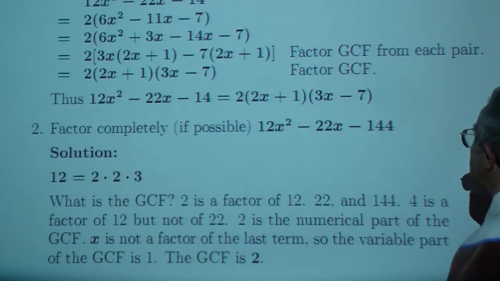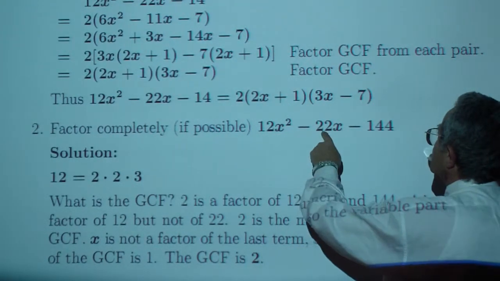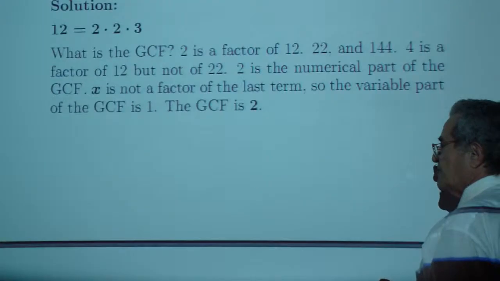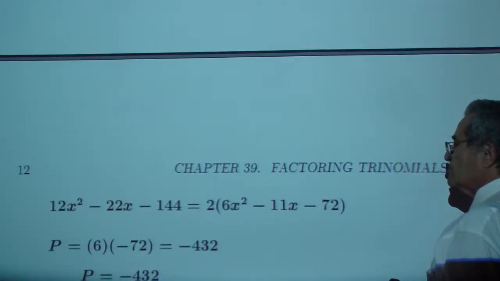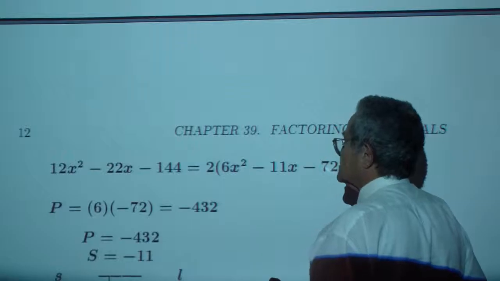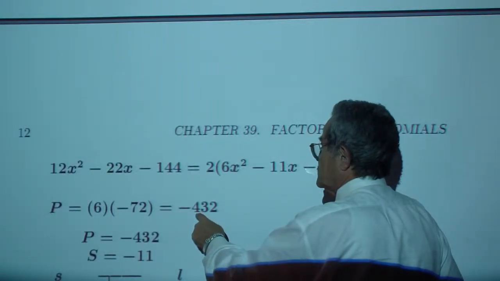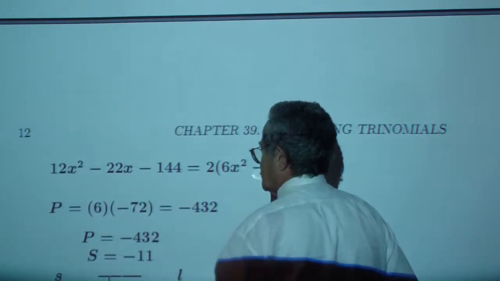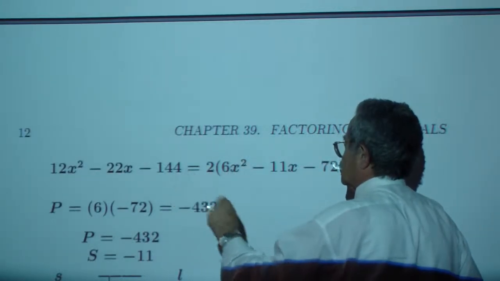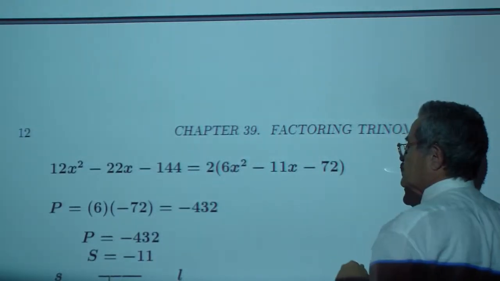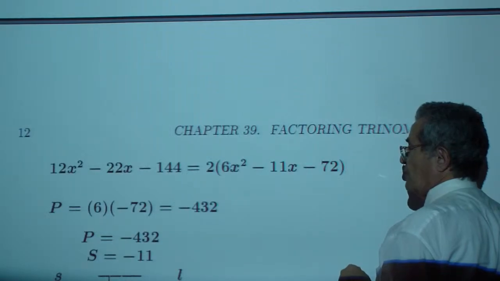Example 2, greatest common factor, 2. Factor out the 2. You get a product of -432, namely 12 times -144. Correction: 6 times -72. These are smaller numbers.